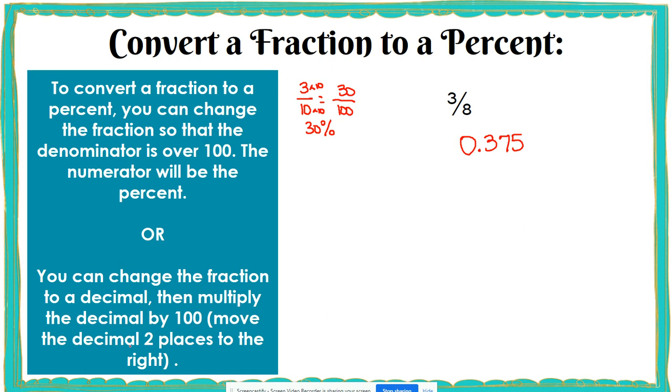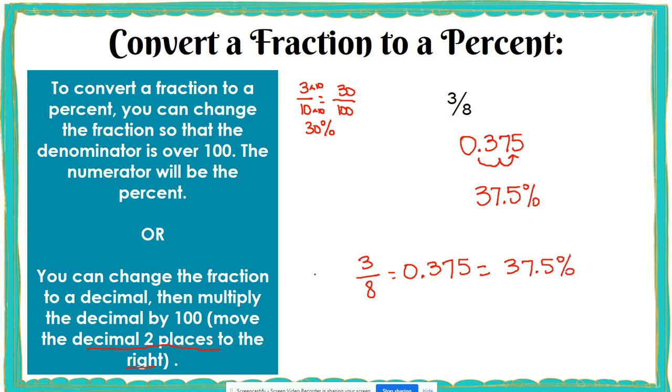Multiplying by 100 is the same as moving the decimal 2 places to the right. So I move my decimal 2 places to the right, and this becomes 37.5%.